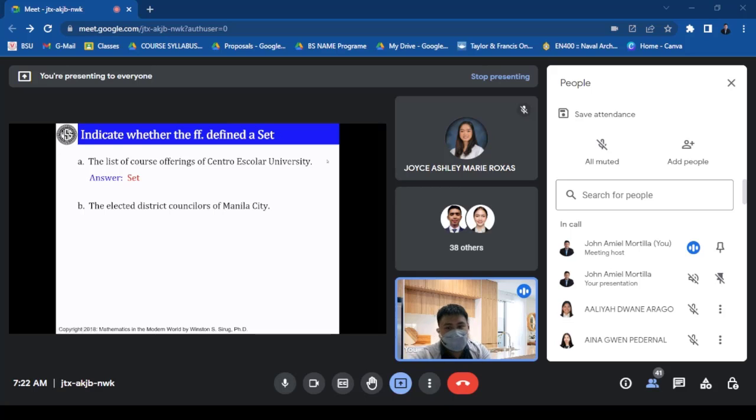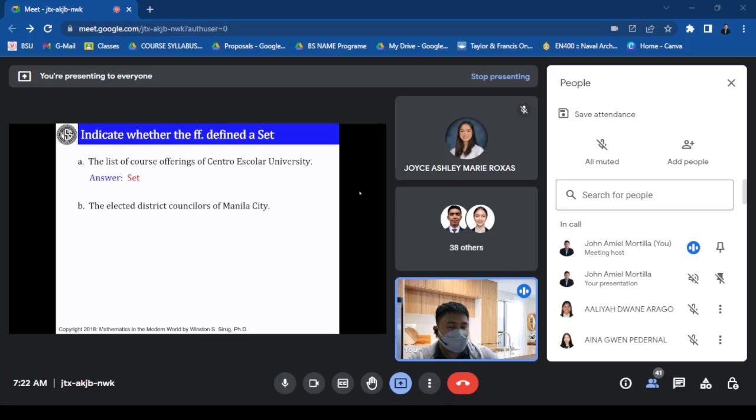So why is it a set? What is being asked here is course offerings. What are the course offerings of Central Escolar University? Or for example, let's take Batangas State University. What are its course offerings? We have mechanical engineering, naval architecture and marine engineering, electrical engineering, automotive engineering, petroleum engineering.